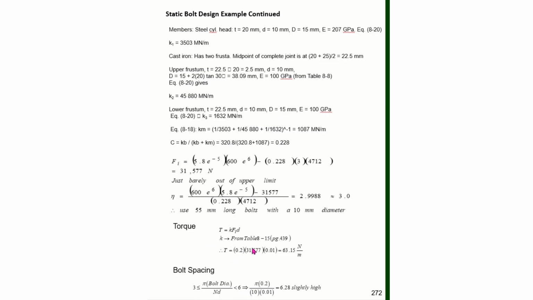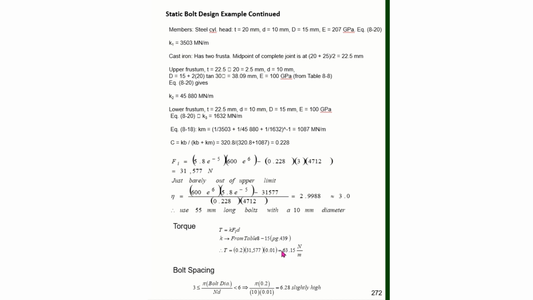We can then compute the torque, and the torque to which we need to tighten these is given by T equals K F_I D, and we get K from table A15. We know the preload FI, and we know the diameter of the bolt, so we can get the torque spec to which we want to tighten these bolts.